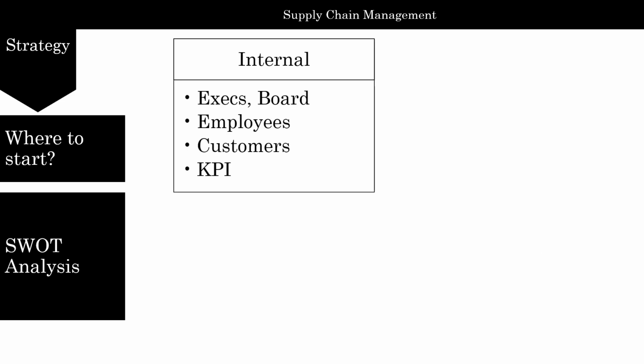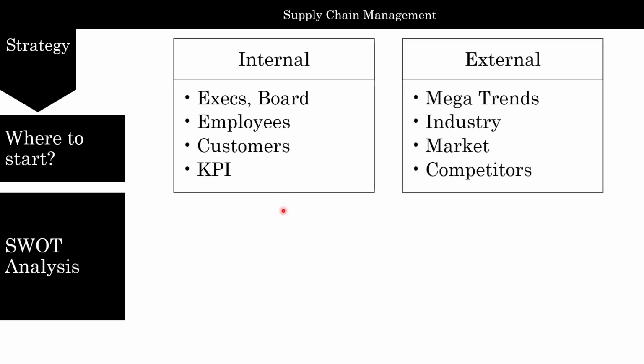So here are some examples of what you need to look for when you're looking at internal and external components of a company. Internals are your executive board, employees, customers, and key performance indicators. External are mega trends, the overall industry, the actual market and your competitors.